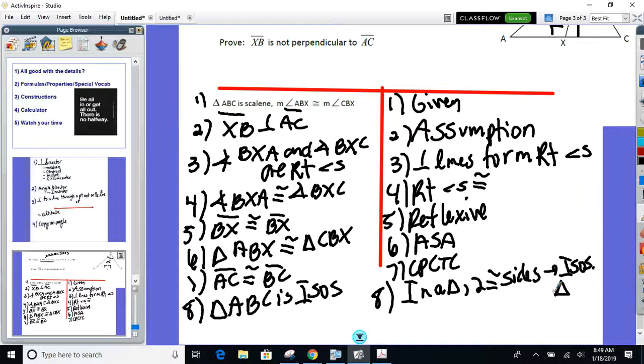Assumption led to contradiction. You can write the perpendicular with the slash through. I'm good with that, if you don't want to write in words.